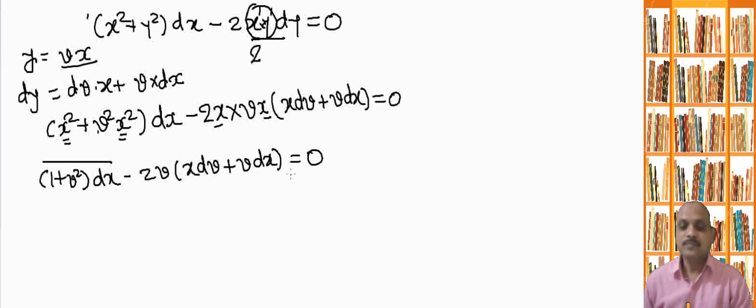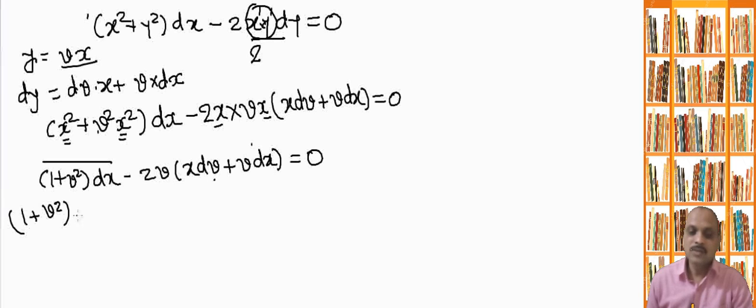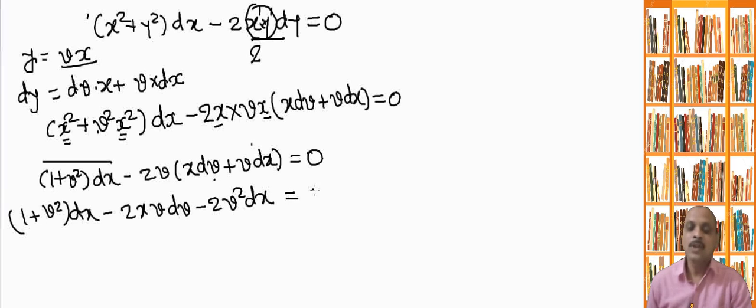Now let us multiply this bracket term by 2v, then (1 plus v square) dx minus 2xv dv minus 2v square dx equal to 0.